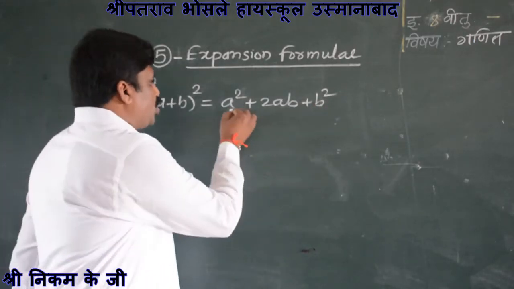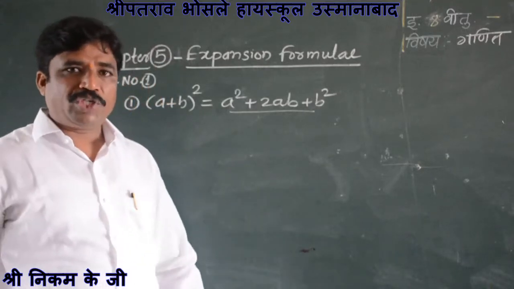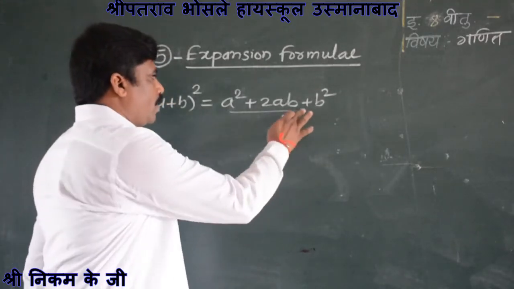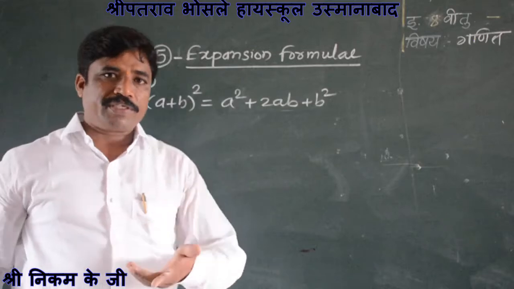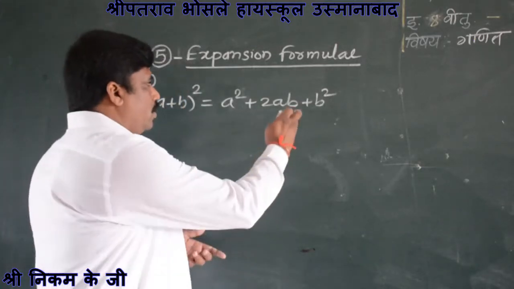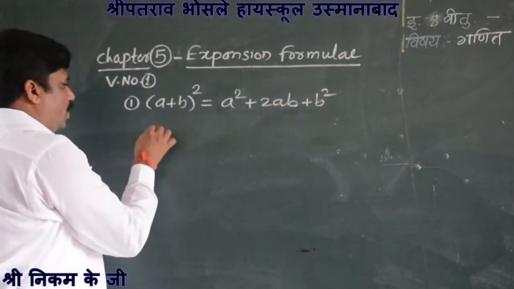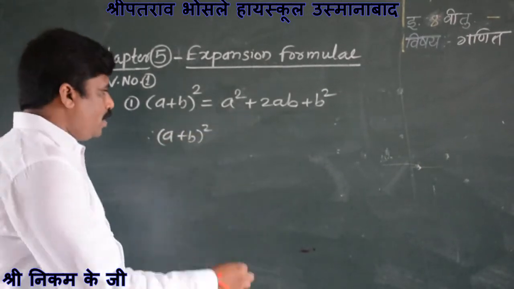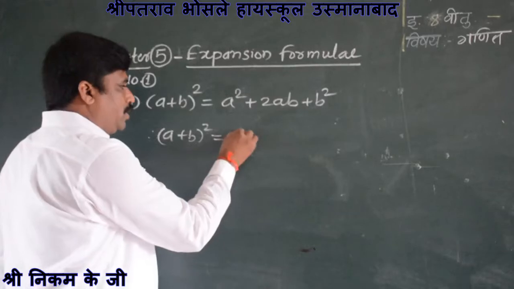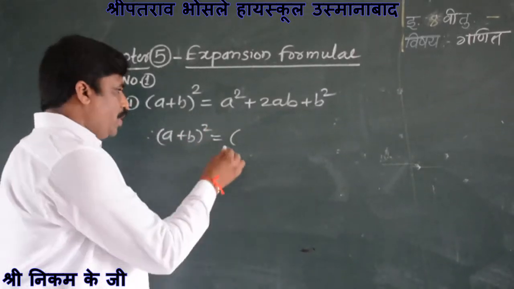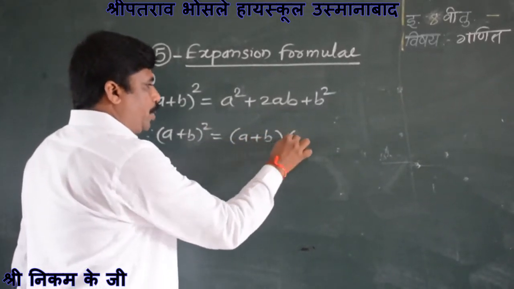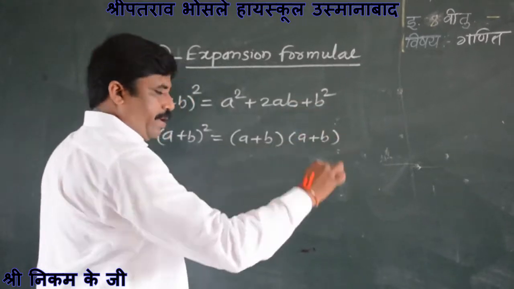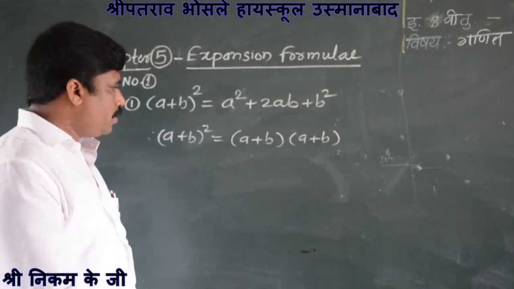तर हे एक्सपान्शन कसं आलेलं आहे आपण सातवीला पाहिलेलं आहे, बरोबर. We have studied in previous class. (a plus b) square means (a plus b) into (a plus b), correct.